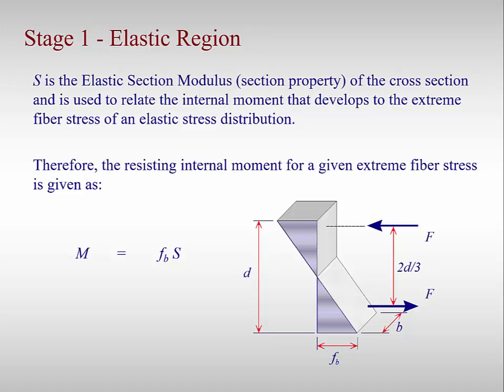The elastic section modulus S can be used to define the moment capacity for any elastic stress distribution. It is important to note that the extreme fiber stress is used in this computation.